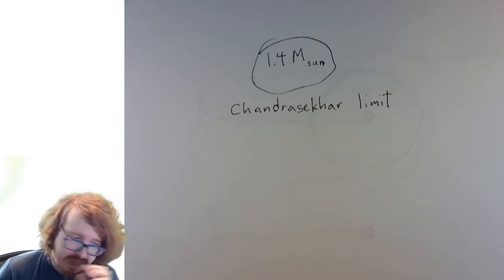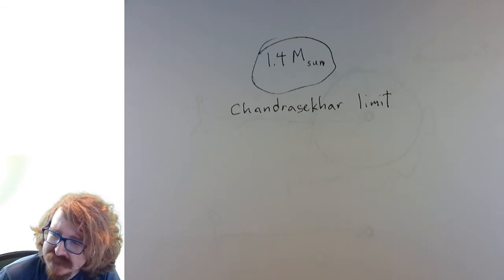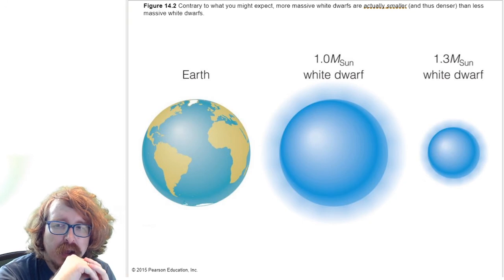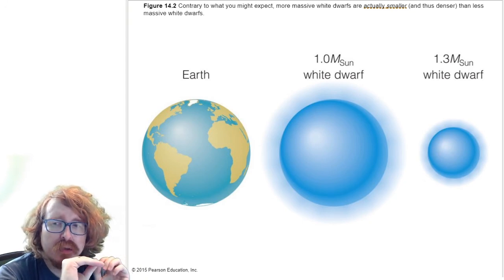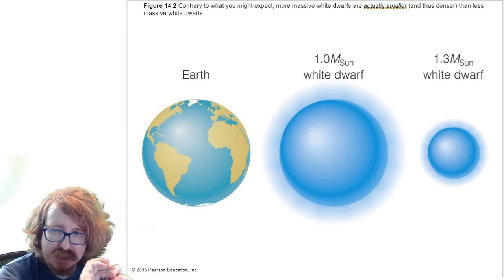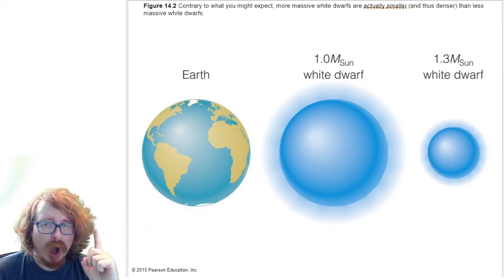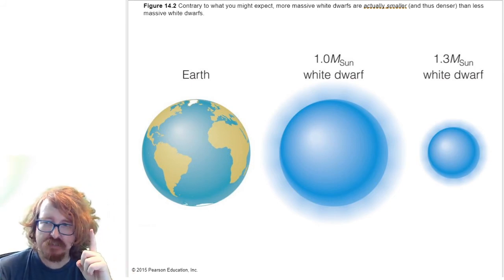By the way, let me go back to this picture. Our sun has a mass right now of 1 solar mass, okay?